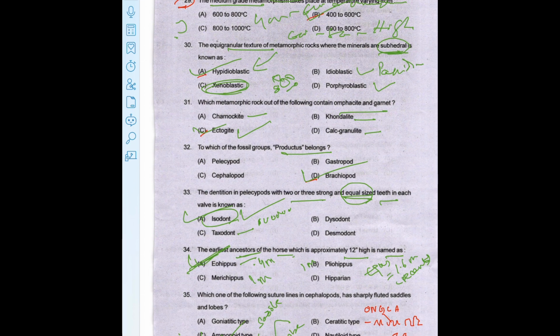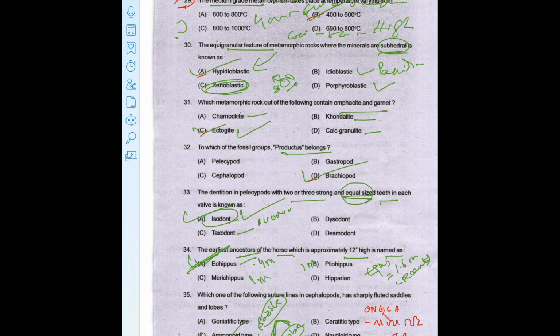Which one of the following suture lines in cephalopods has sharply fluted saddles and lobes? We know these ups and downs, like that of a fold. Convex upward is described as saddle. Concave upward is known as lobe. This is the saddle and lobe structure representing suture, which is the simplest suture, and it is nautiloid type.